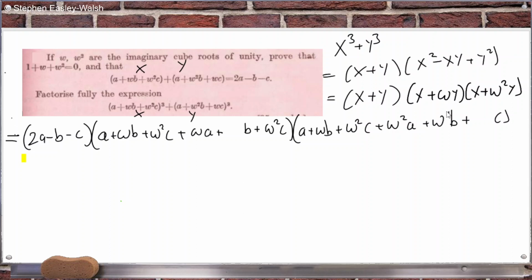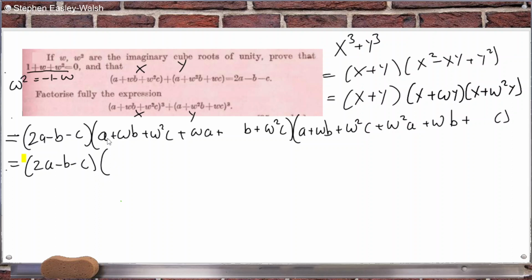So actually the 4 is gone. Okay, so also 1 plus omega squared is 0. So we might have to use the fact that omega squared is minus 1 minus omega. So maybe we'll see what we get if we clean this up.